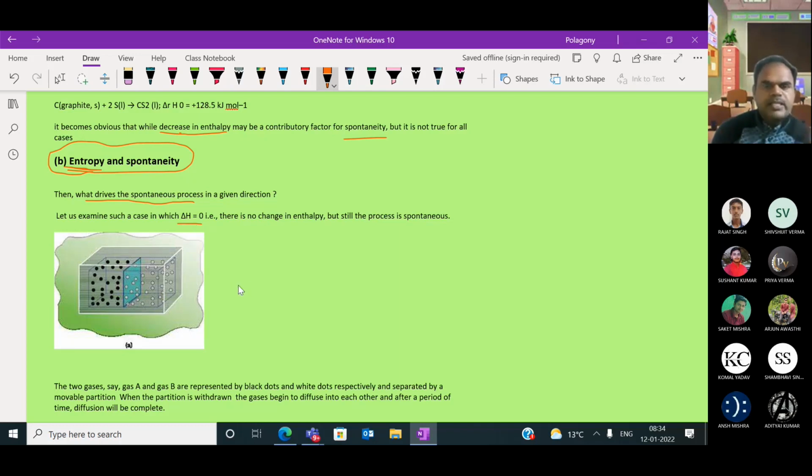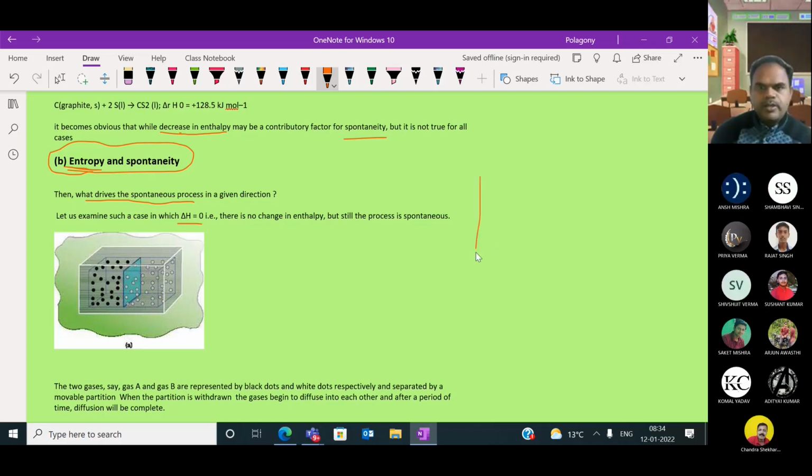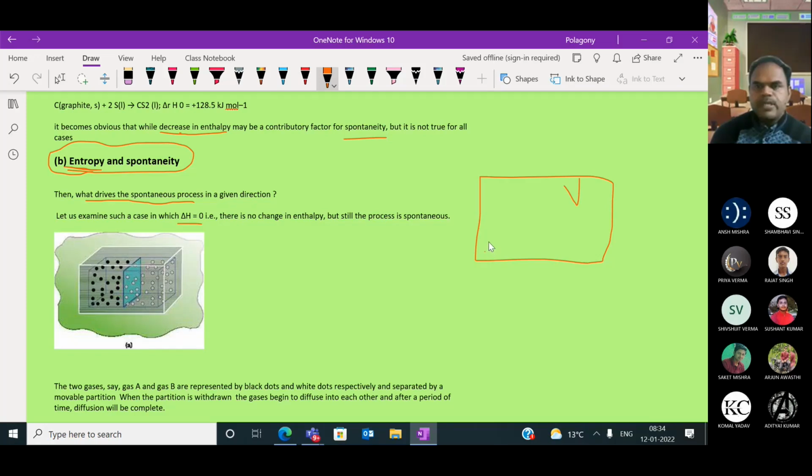For example, in the case of a gas, as I told you just now, take one container having volume V, and if you leave one mole of hydrogen gas in it, will this gas occupy the entire volume or not?